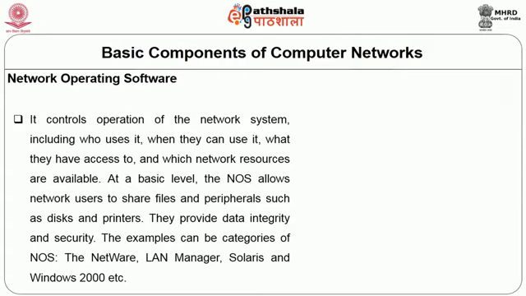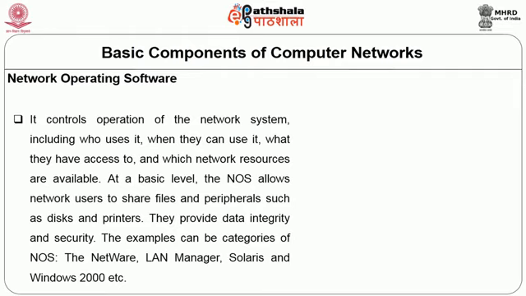It includes who uses it, when they use it, what they have access to, and which network resources are available. At a basic level, the network operating software allows network users to share files and peripherals such as disks and printers.